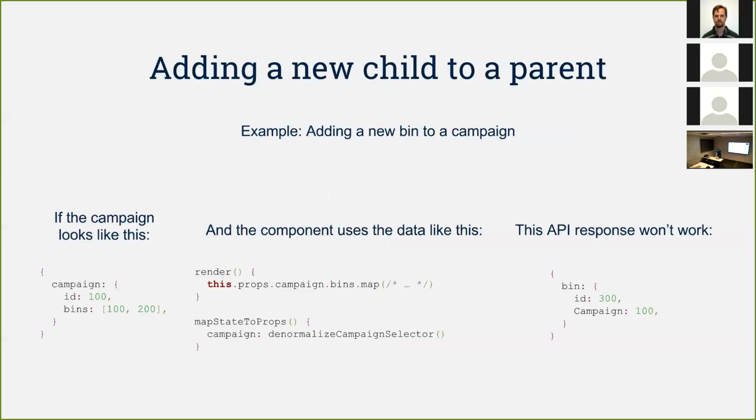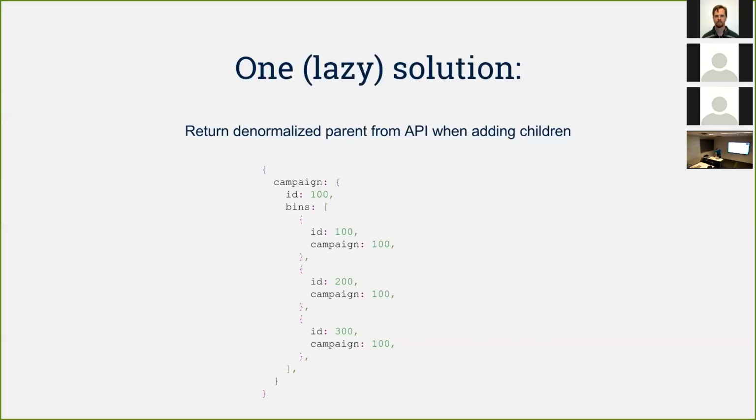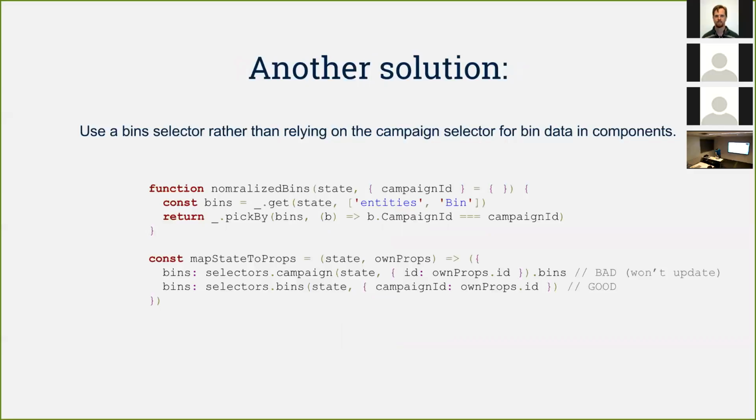if you have this problem if you are getting the bins out of the denormalized campaign, but instead of doing that, so this line right here, well, if you are using this to get the list of bins in your render function, I don't have the render function here, but if you're using this to get the list of bins for your render function, then it won't update if you just return the bin data from the server.